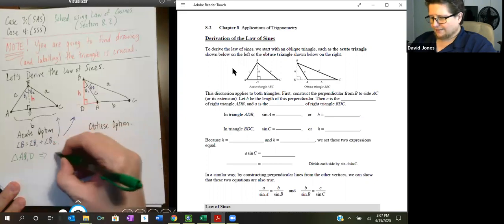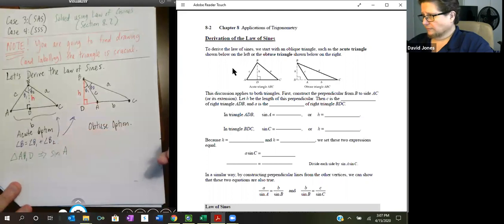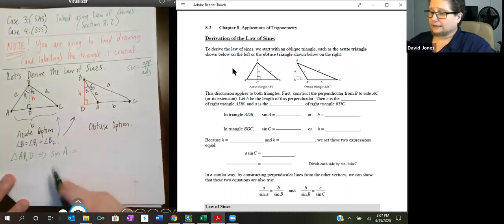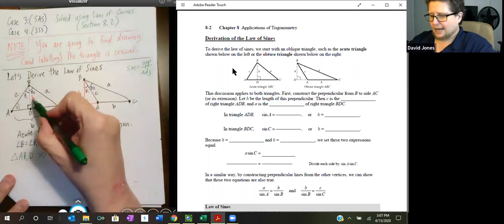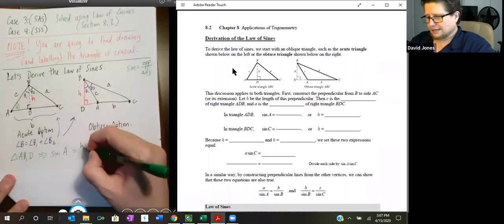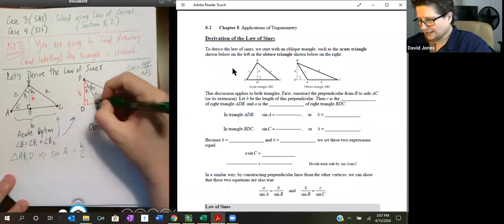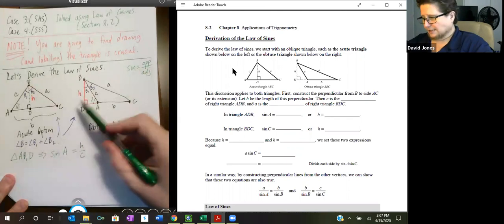What's the sine of A? It's opposite over adjacent, right? Does it matter which triangle I look at? This is angle A. The opposite of A is little h. The adjacent of A is little c. And I can do that over here. Opposite of A is h.